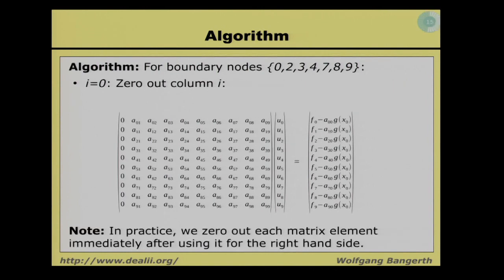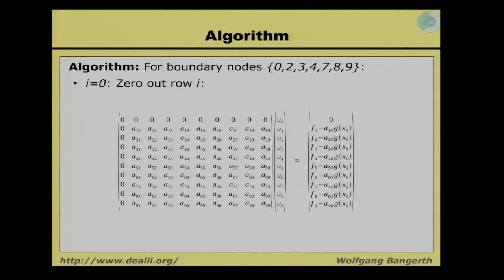And then I zero out the column i, in this case column 0, and in practice, of course, I do this at the same time. So I read A0,0, I subtract this element from the right-hand side and immediately set it to 0. Then I read A1,0, I subtract it from the right-hand side and immediately set it to 0. So I only need to touch the matrix entries once. Then I zero out the corresponding row and the element on the right-hand side.